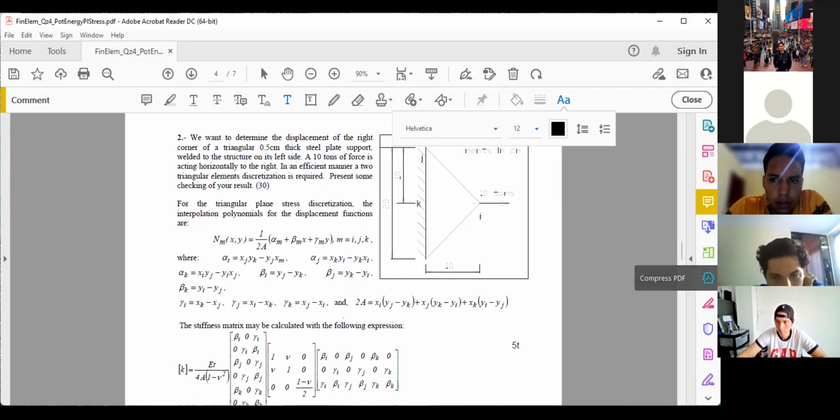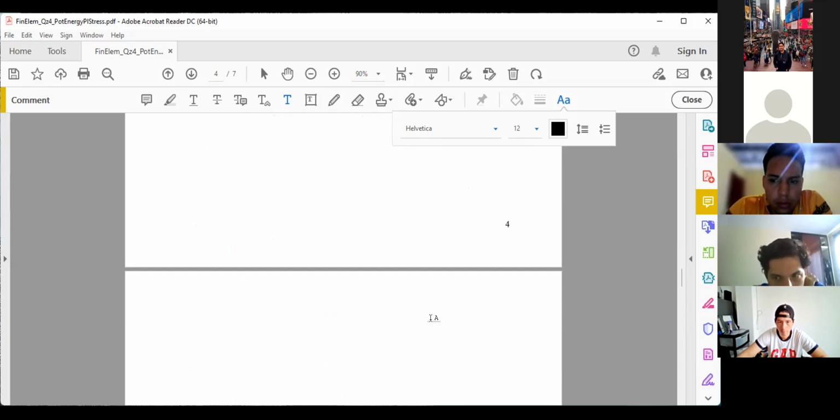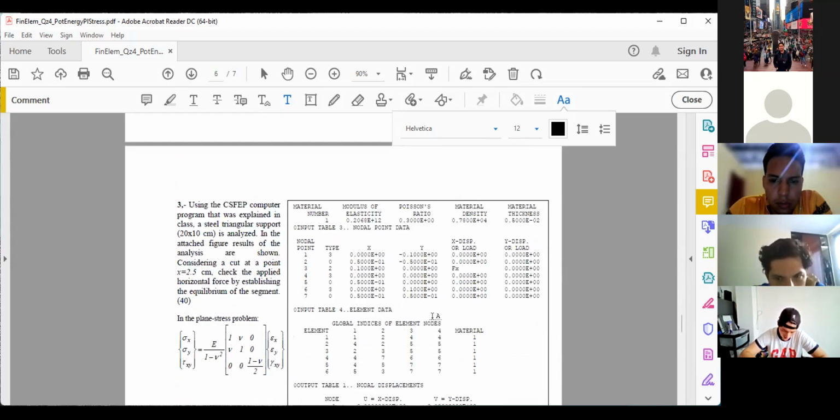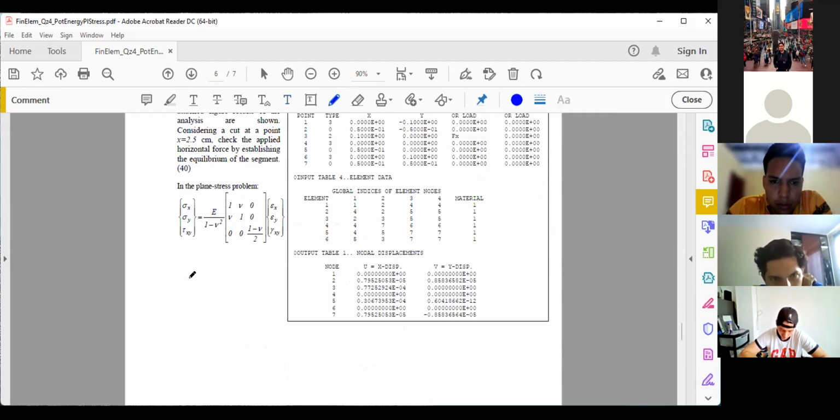And finally, the last question is related to the strain. Let me go to the last question. With this information, you should be able to calculate, or not to calculate, but to draw something like this.